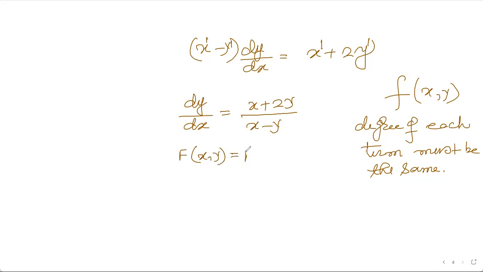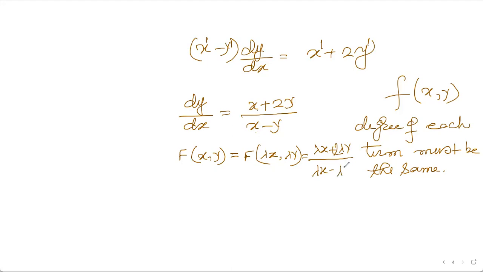This is equal to, as I substitute lambda x and lambda y, f(lambda x, lambda y). For x I am putting lambda x, for y I am putting lambda y. So lambda x plus twice lambda y, upon lambda x minus lambda y.